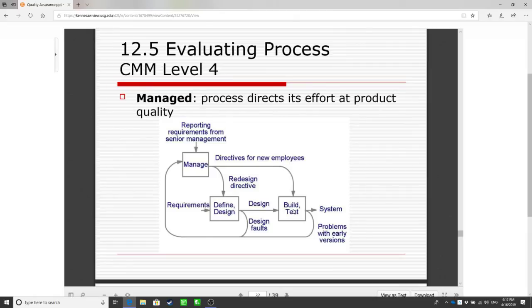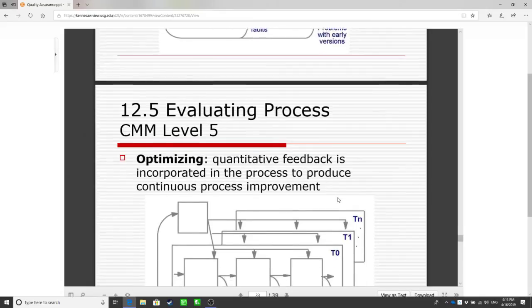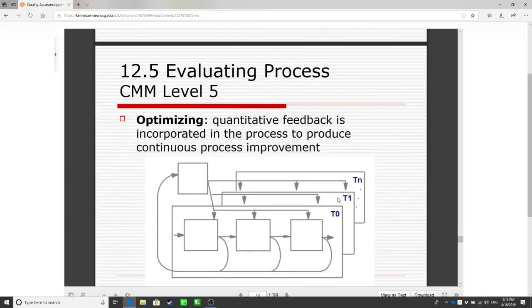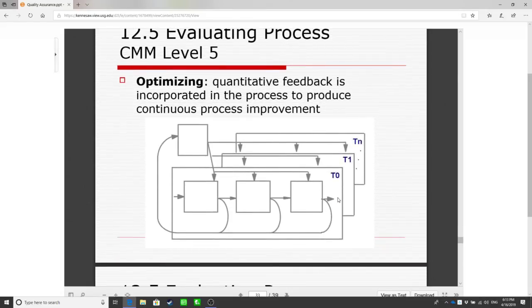Well, in level 4, we have problems, faults. Management says, okay, you have problems, I give you more money, more people, so you solve the problem. But still we're using the same process. But in CMM level 5, we have the loop.